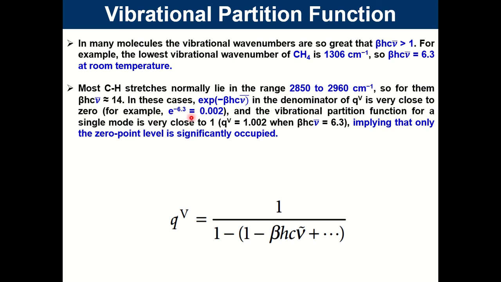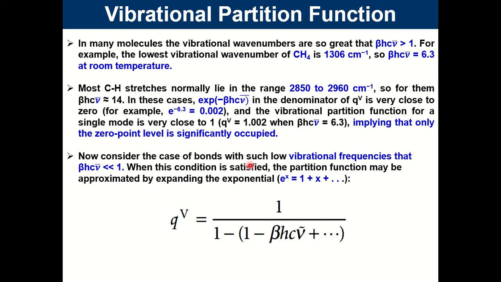If the exponential is close to 0, it means the vibrational partition function for a single mode is very close to 1. So Q is very close to 1, which means that only the ground state is mostly occupied. Whenever you have a large separation between the energy levels, it is the ground state only which will be occupied, because kT is small compared to the separation between the energy levels.